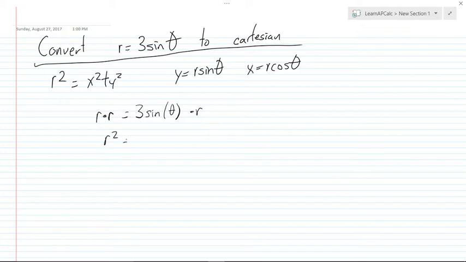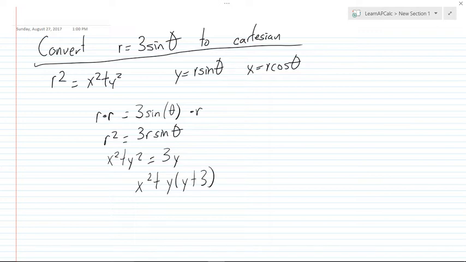And we're left with this. And if we wanted to simplify it, I could simply say, so that's how we would do it.